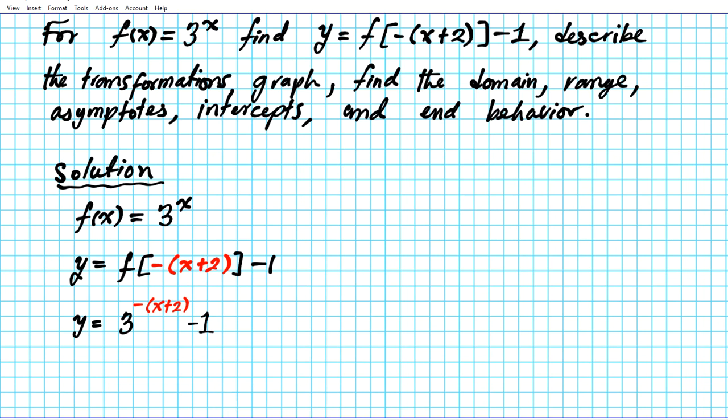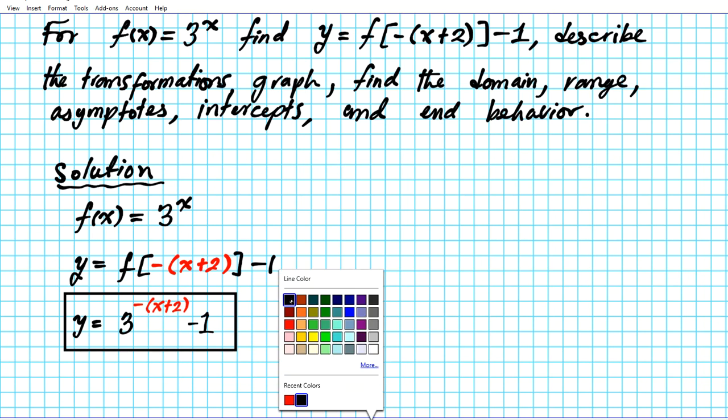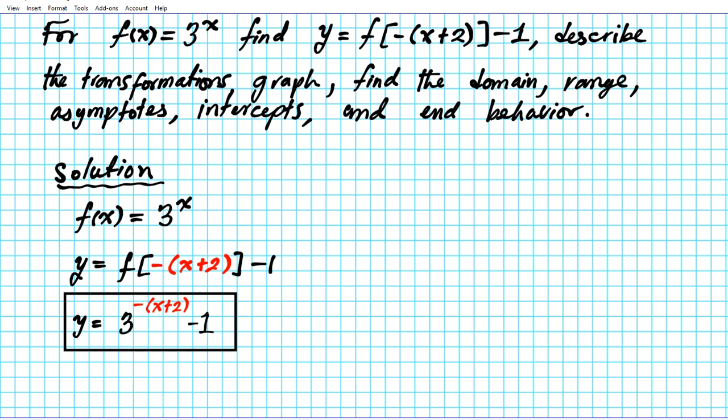Now what we're going to do next is proceed to describe the transformations on this function. Okay, so let's put the transformations to the left side here. Let me partition my workspace first.